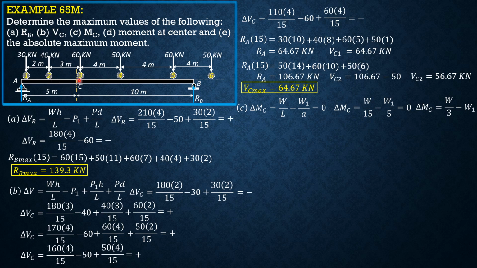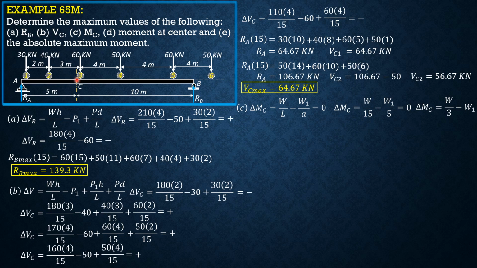When load 2 is just to the left of C, because when load 2 is just to the right, only 30 will be involved and definitely it will give us positive. So load 2 over C just to the left so that it is part of W1.